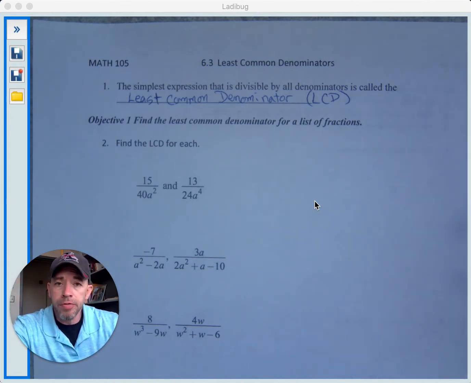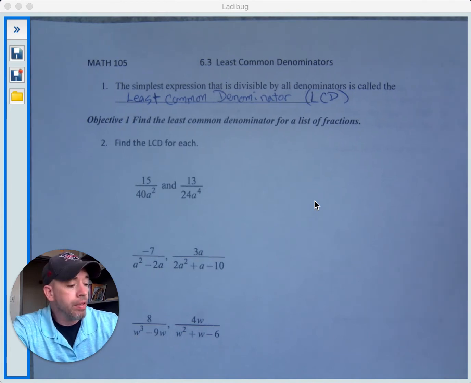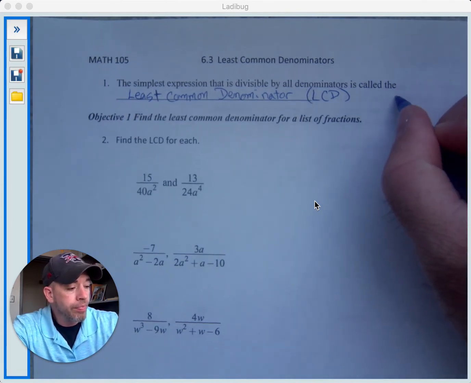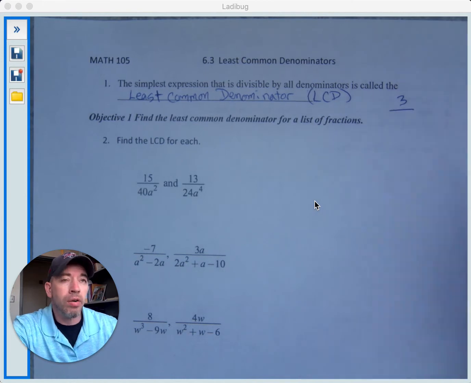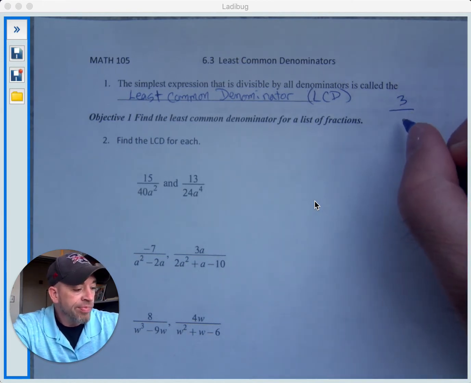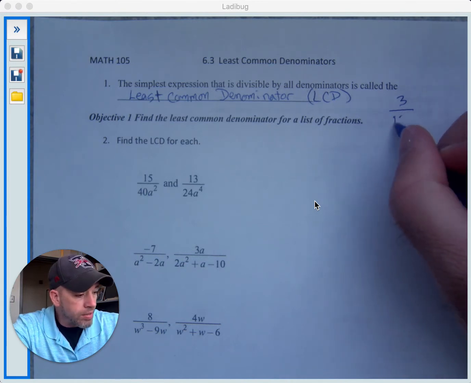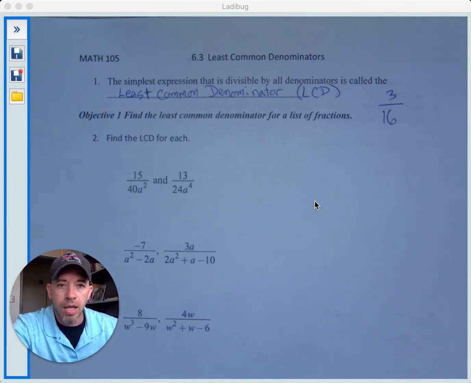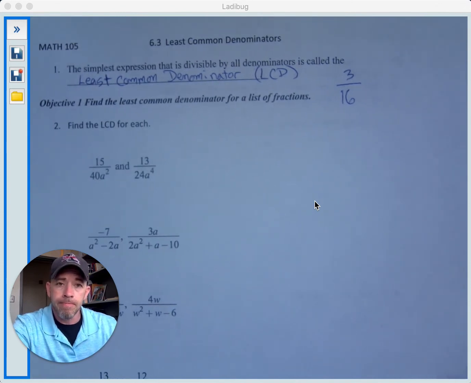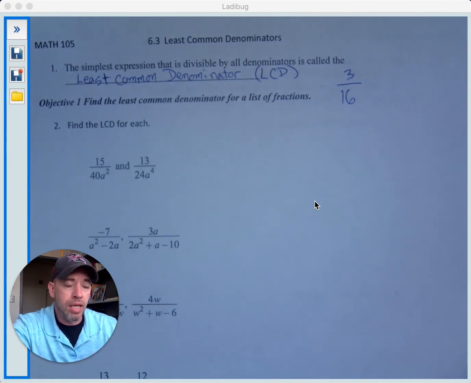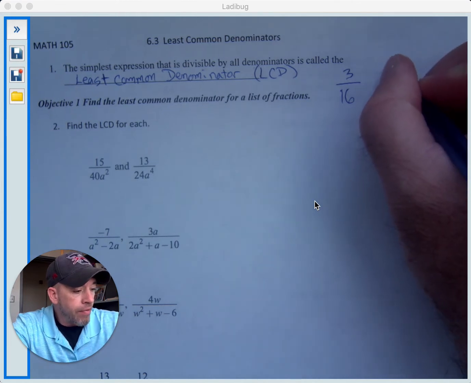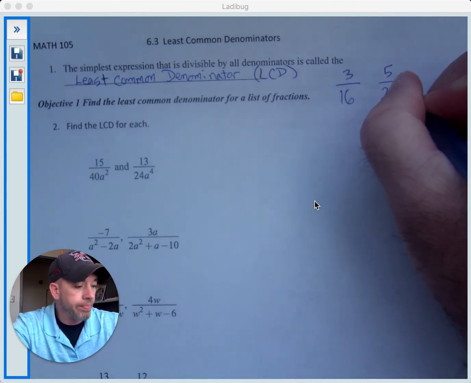I'll give you an example from, again, we'll go back in time. If we have something like 3/16, and we want to find a common denominator with 3/16 and let's say 5/24.